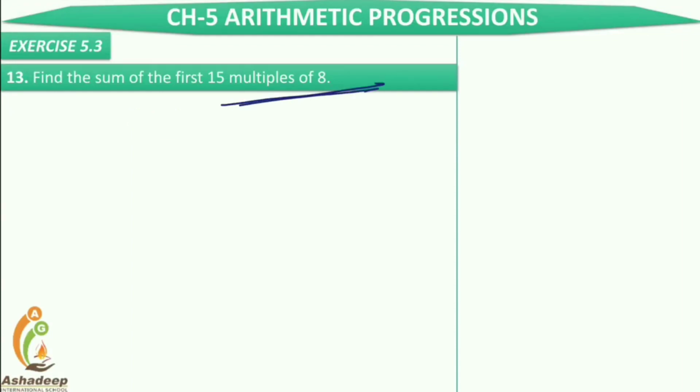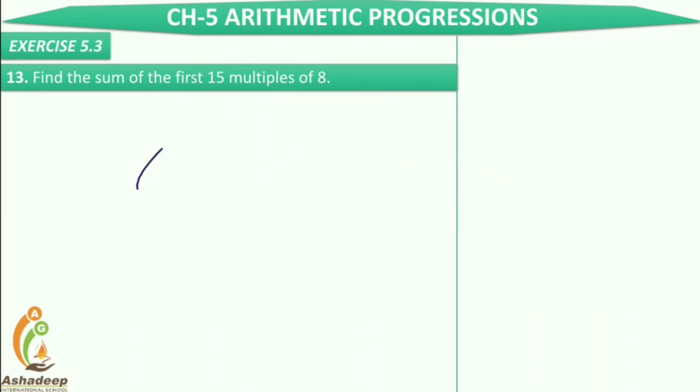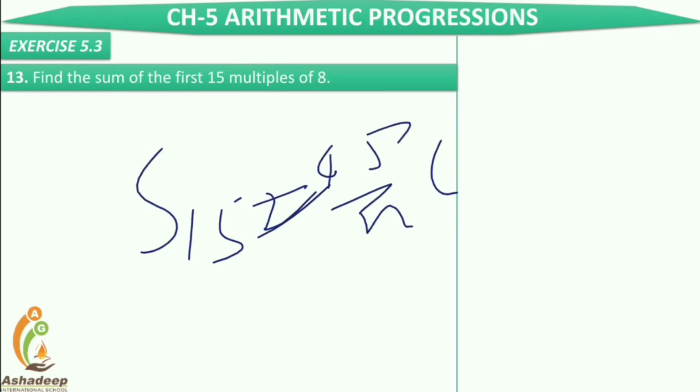See here, a multiple of 8 means what? 8, 16, 24, then 32, up to 15 terms that we want. So simply what we need to do here is S15 is equal to 15 by 2, into 2 times A, where A is 8, plus 14 into 8.